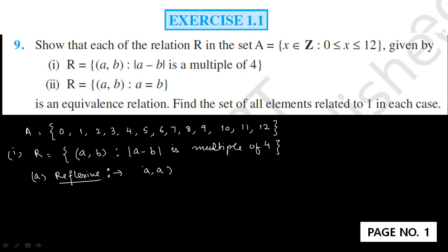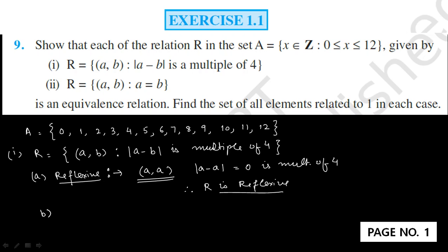(A, A) should be a multiple of 4. If I am talking about the same numbers, |A minus A| is equal to 0, and 0 can be written as a multiple of 4. Now what is the meaning of this? It means the relation is reflexive.